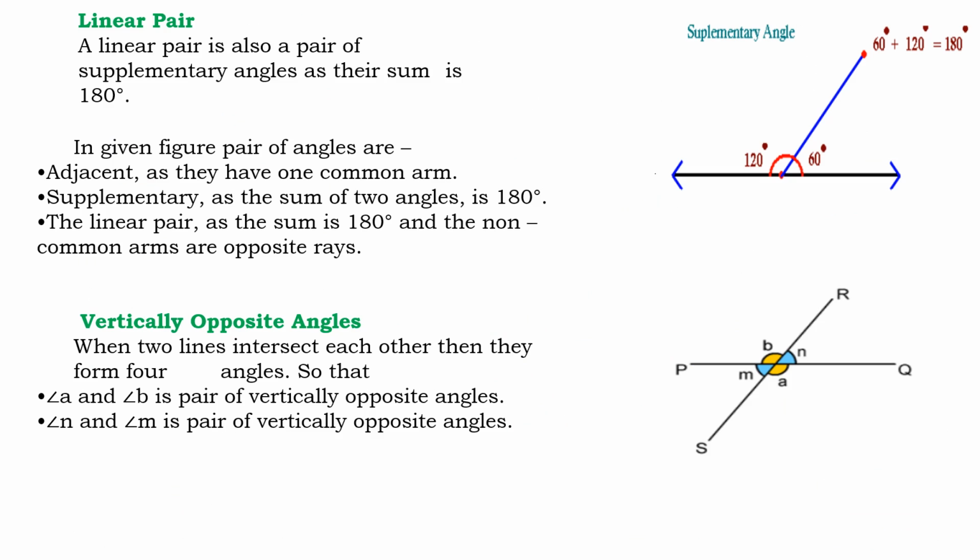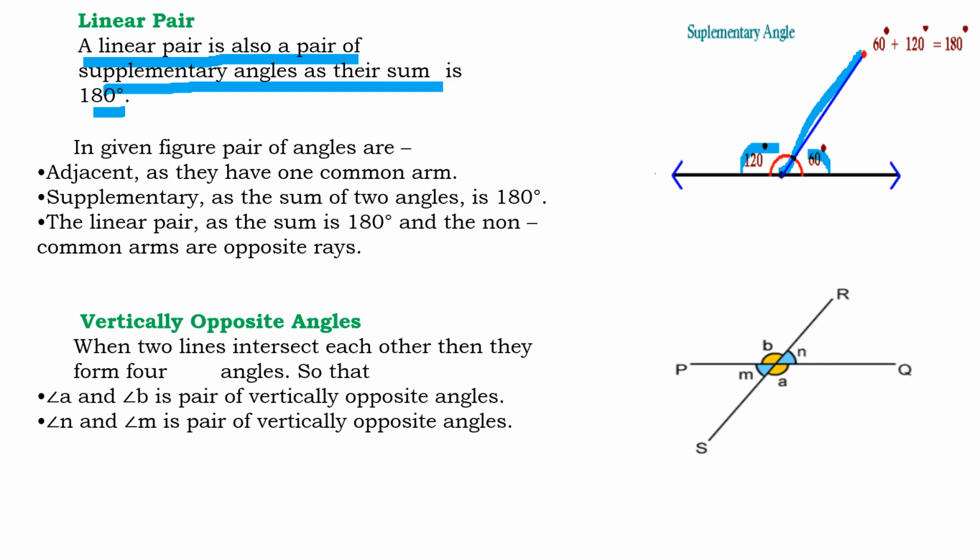Now we have a linear pair of angles. A linear pair of angles is also a pair of supplementary angles as their sum is 180 degree. So if two angles make up 180 degree, you will say they are supplementary to each other, or you can say that they form a linear pair of angles. Fine. In the given figure, the pair of angles are adjacent as they have one common arm. Yes, because this blue arm you can see is common between the 60 degree and the 120 degree angles.